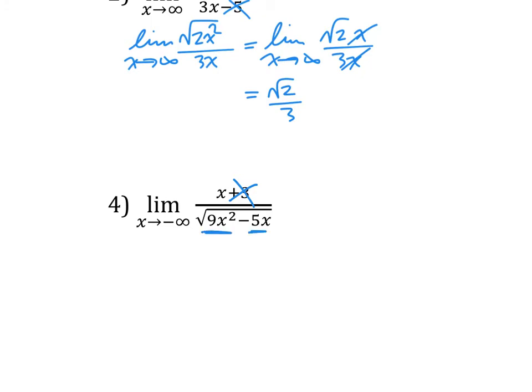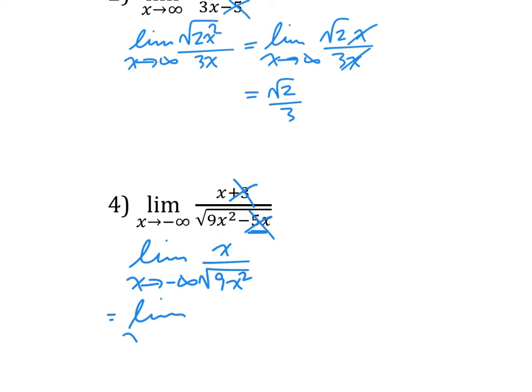X squared versus x is irrelevant. I know that there is an x, so you may feel a little bit uncomfortable getting rid of it, but eventually the square is going to expand so much faster than the first degree, so then we just don't care about the first degree. All right, so rewrite this if you want. You really don't need to. This becomes x over square root of 9x squared. And then this again simplifies to x over 3x.